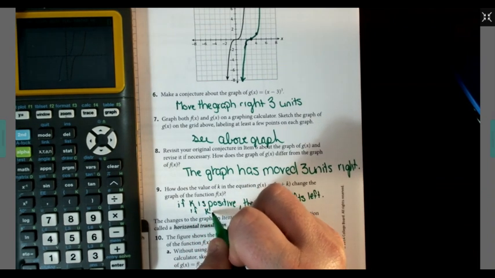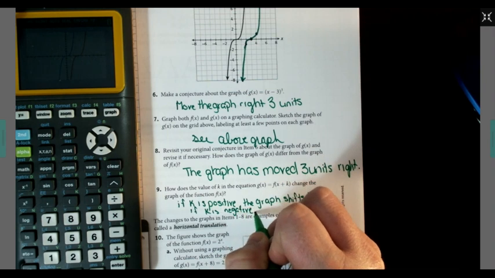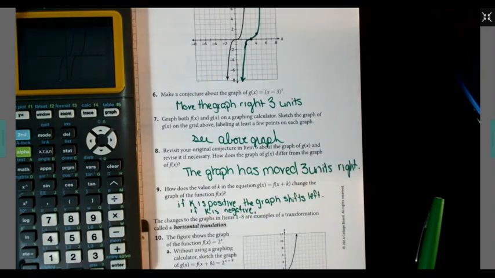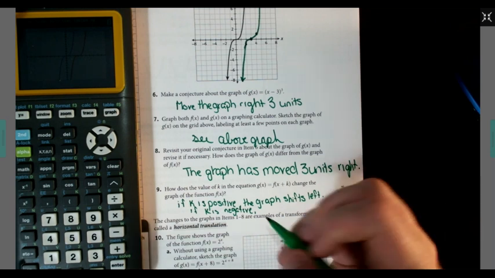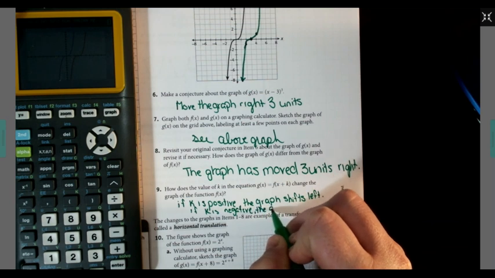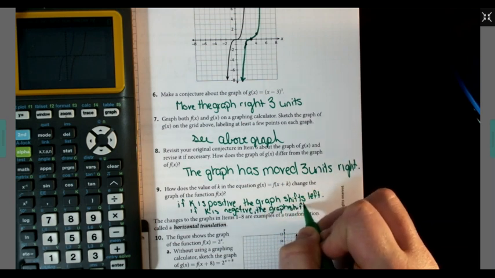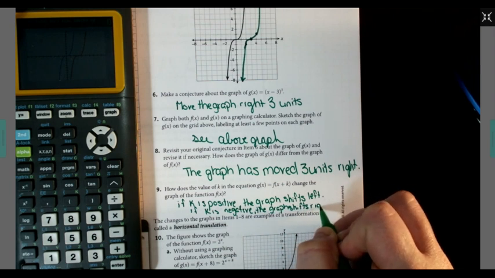If k is negative, the graph shifts right.